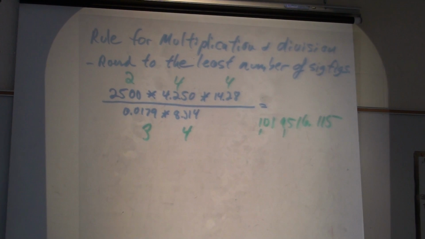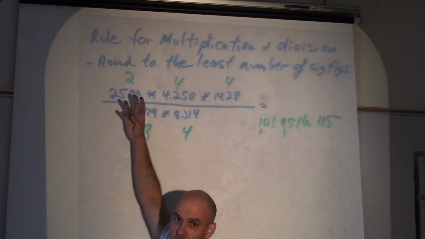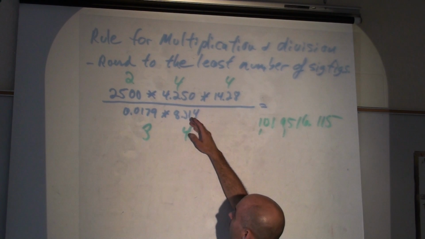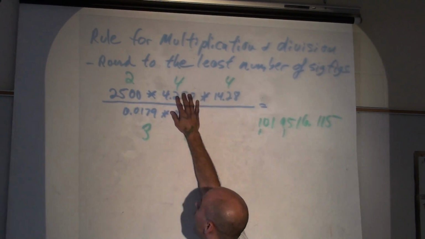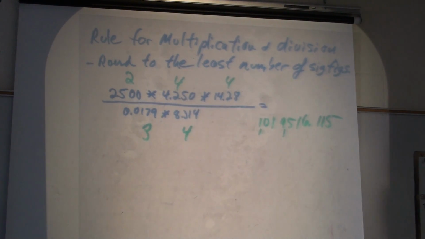So that's the number your calculator will tell you. But now you need to apply the rules of sig figs. And the rule says you round to the least number. Well, we've got 4, 3, 4, 4, and 2. What is the least number of sig figs? 2. So we're going to round this number down to 2 significant figures.